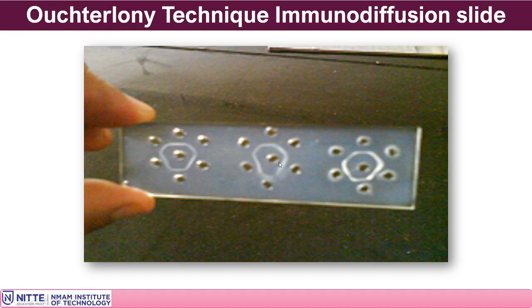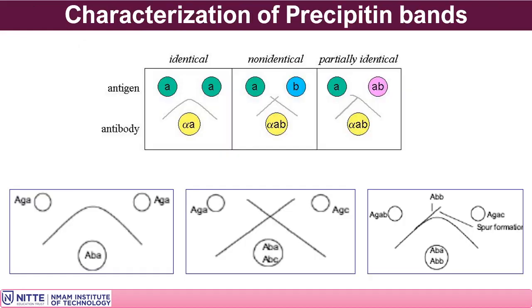That clearly indicates that even though these antigens are positive against the antibody, these test samples have low concentration of antigen corresponding to that antibody compared to the antigens here on the extreme right hand side, which is showing a bright thick precipitin band. Based on these precipitin bands, you can classify this precipitin reaction, and that classification is as follows.